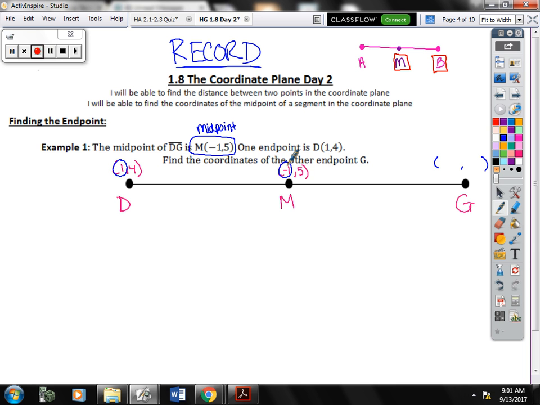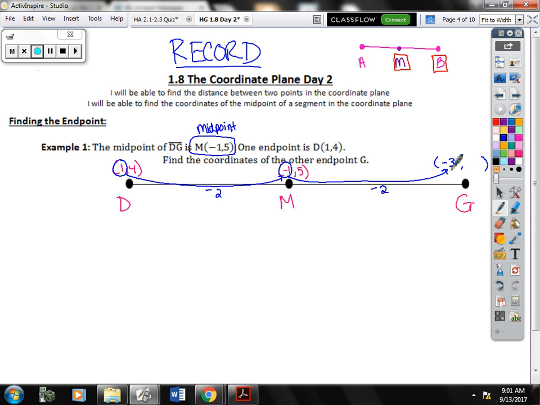Marquise? Good. They subtracted 2. So to find the other endpoint, you would have to subtract 2 again. So 1 minus 2 would get me -3.